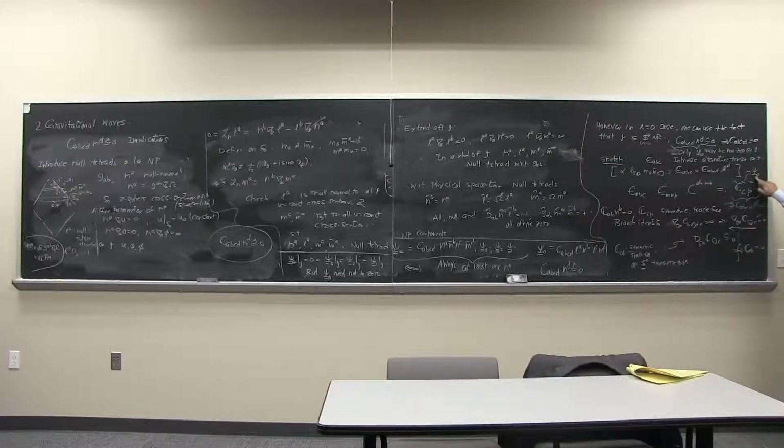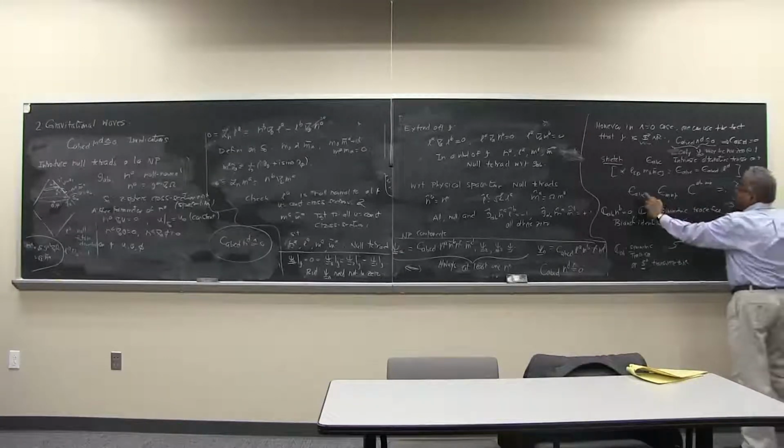Because these two components of psi 0 are contained precisely in this traceless symmetric second rank tensor. This object is a tensor field on a 2-sphere. It is symmetric, so it has 3 components, and it is traceless, that removes 1, so it has 2 components. The 2 components of C in this Newman-Penrose tetrad, you can just work them out, by plugging here.